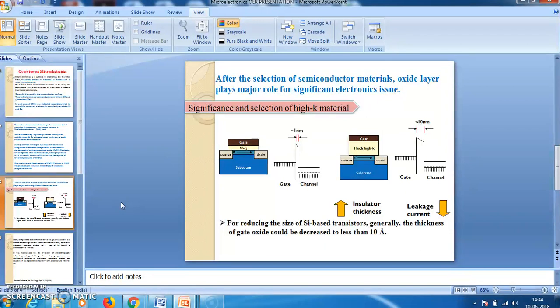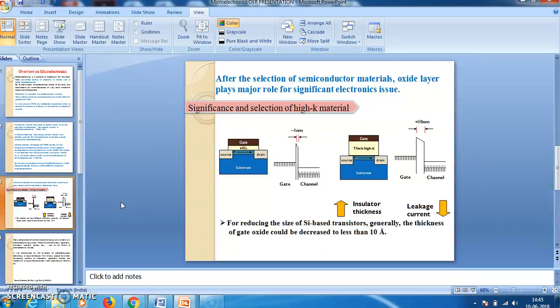Then the remaining two materials, zirconium oxide and hafnium oxide, attracted attention. Between these two, zirconium oxide suffers from poor chemistry with the silicon substrate, so people fully concentrated on hafnium oxide.